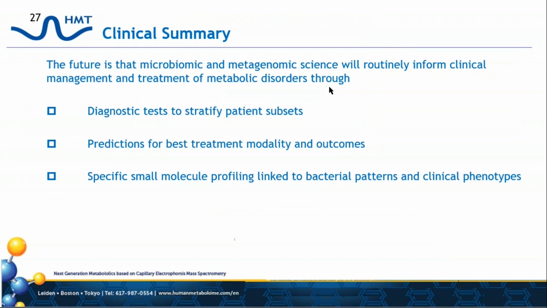To summarize, our goals are to develop tests and stratify patient subsets by associating various metabolite profiles with clinical phenotype, and to look for the best ways to predict treatment modality and outcomes based on these associations of metabolomics and phenotype.